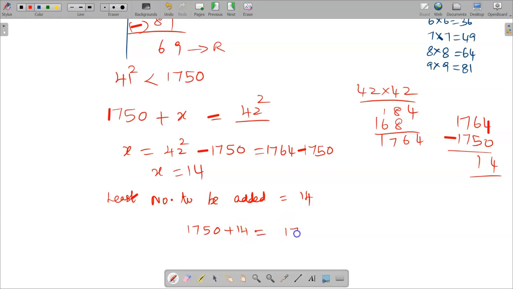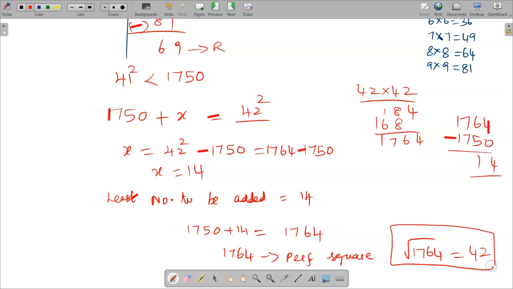It is nothing but 1764. Okay, so 1764 is the perfect square number. So what is the square root of 1764? Just now we have determined 42 into 42 is 1764. So the square root of 1764 is nothing but 42.